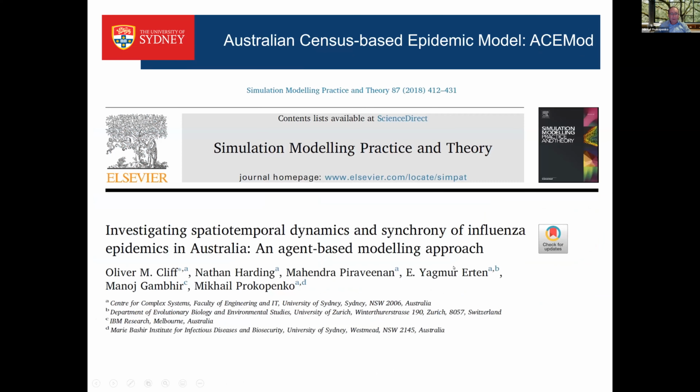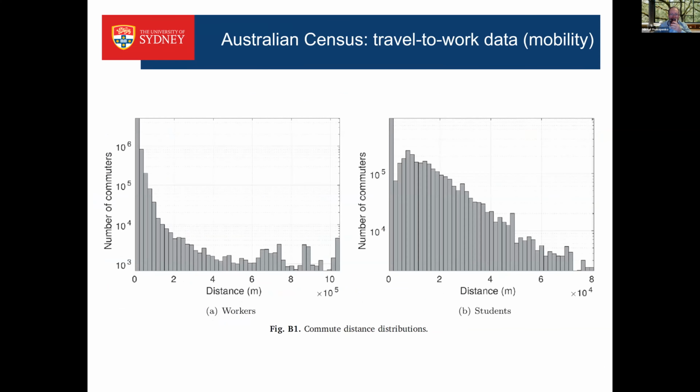Okay, so the first paper that we published, and it's a good source if you want to look into that, was in Simulation, Modeling, Practice, and Theory. And you see here, for example, that commute distance distributions were not easy to reproduce, but they do a good job in matching the census characteristics in terms of travel to work data.